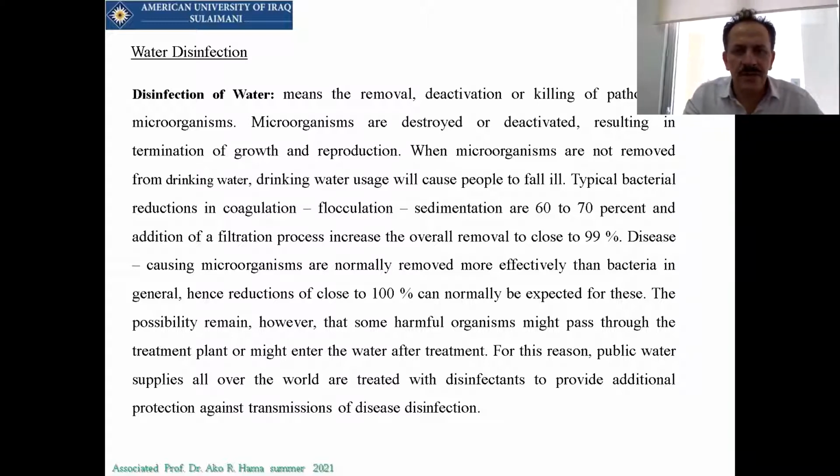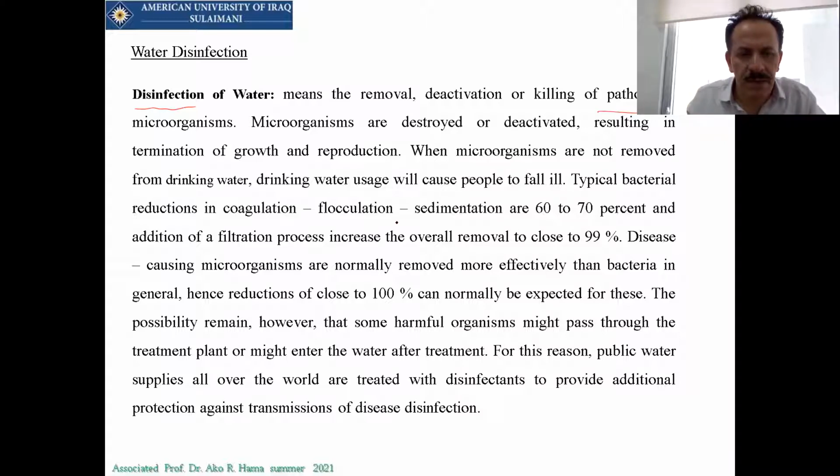So what's left is the biological part: the bacteria and the viruses, sometimes the dissolved microorganisms. So what should we do? We should disinfect the water. The word disinfection is used to kill bacteria, viruses and all pathogens. Pathogens are those microorganisms that are hurting us and our health.